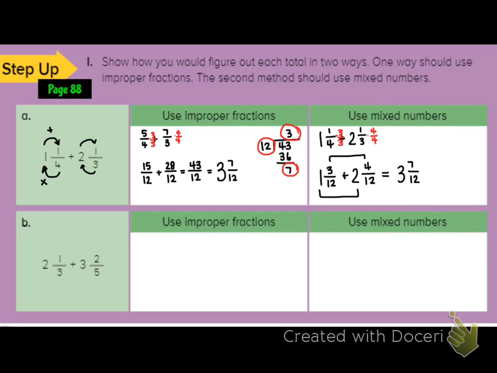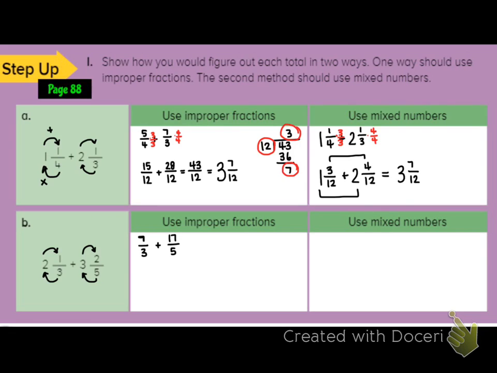So try the second one on your own and come back and watch the video. See how you did. Okay, let's see how you did. When you changed 2 1/3 to an improper fraction, 3 times 2 is 6, plus 1 is 7, so you have 7/3. And 5 times 3 is 15, plus 2 is 17/5.